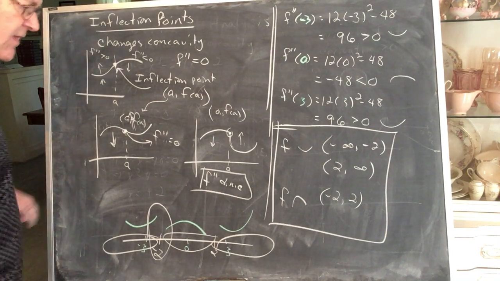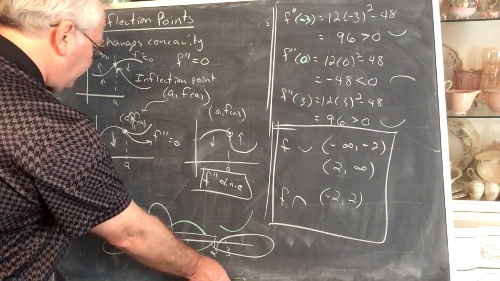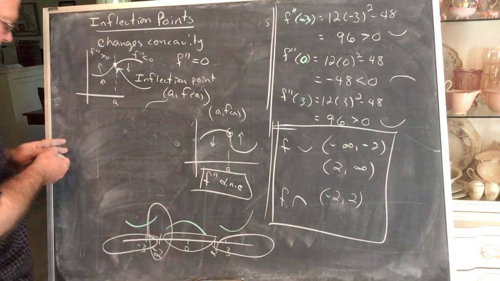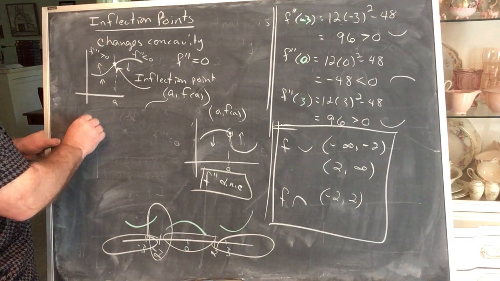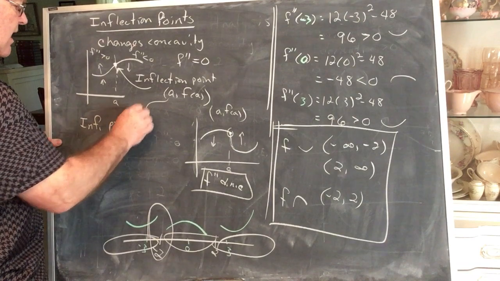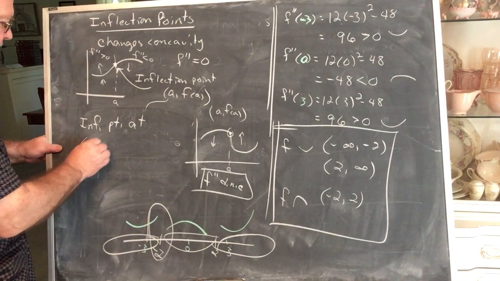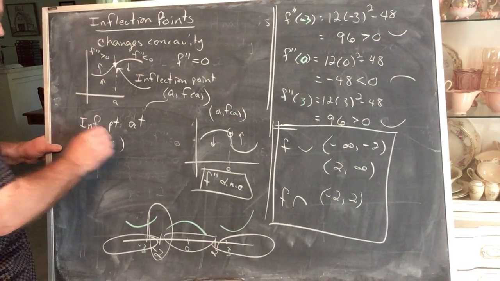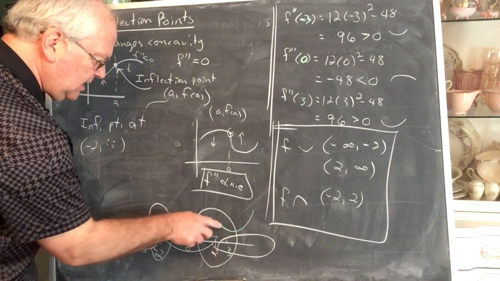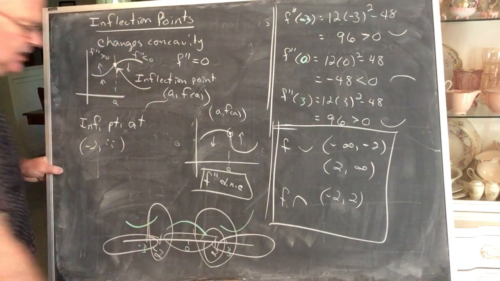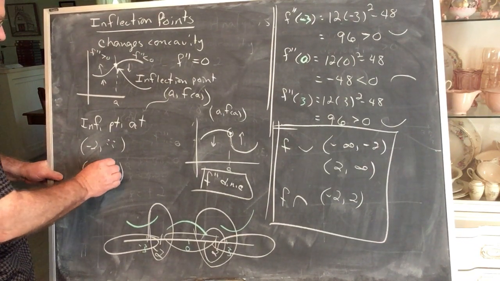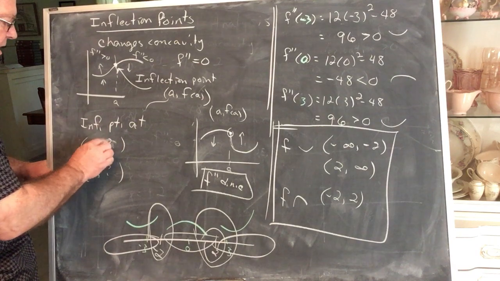So we would say there is an inflection point at negative 2, comma, some number. And then it was concave down, it changes to concave up. There is potentially an inflection point at 2, comma, some number. We don't know what that coordinate is.